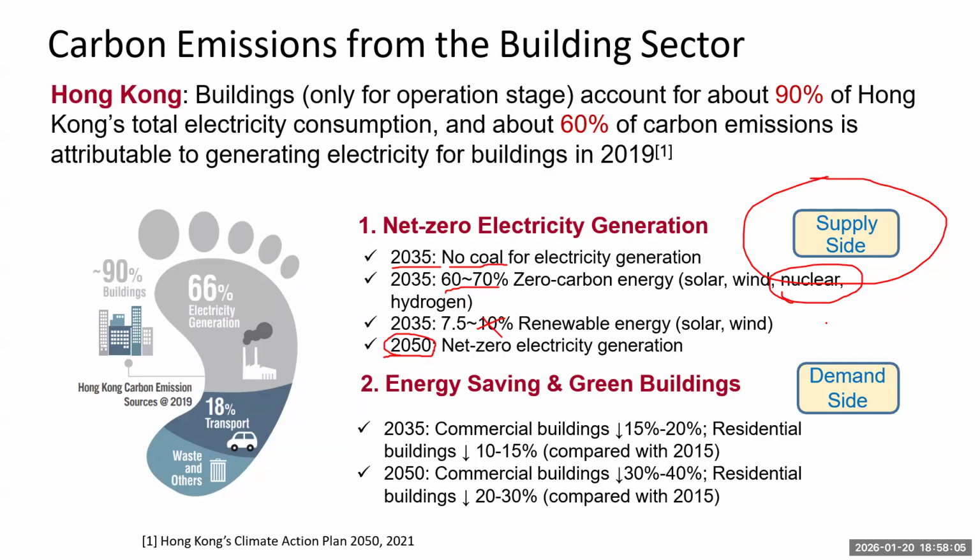However, we have the target. In Hong Kong's climate action plan, by 2050 we can achieve net zero electricity generation. That's for the supply side.